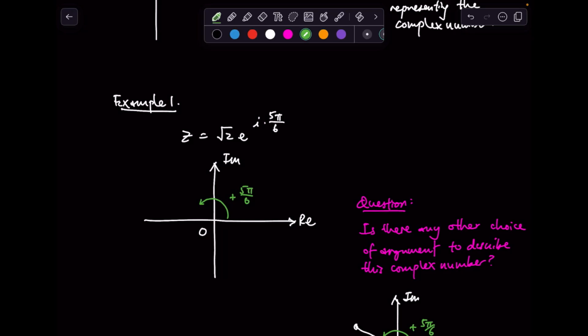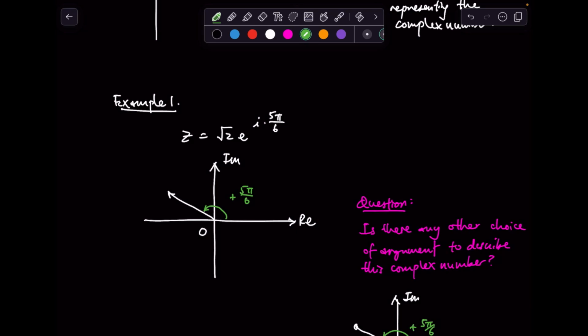5 pi over 6 is just almost pi, with a 1 over 6 gap, kind of, right? So let's say I measure this angle, and that means my position vector is pointing this way, right? Maybe let me just draw it such that the angle is actually touching the position vector.